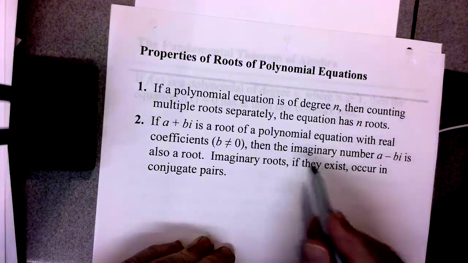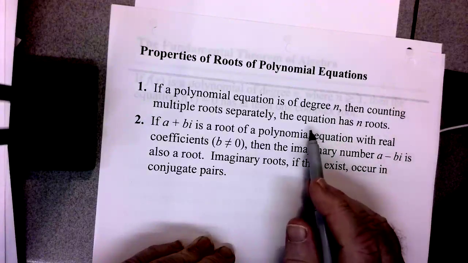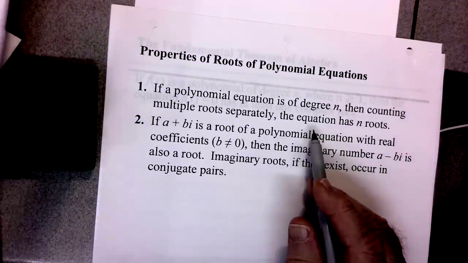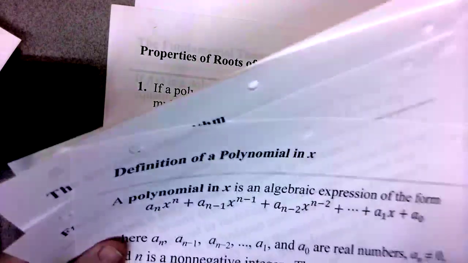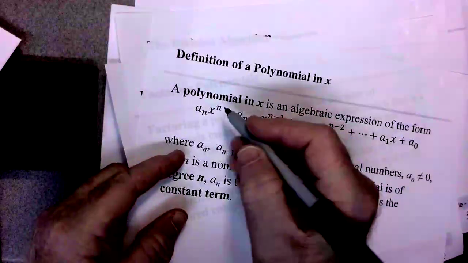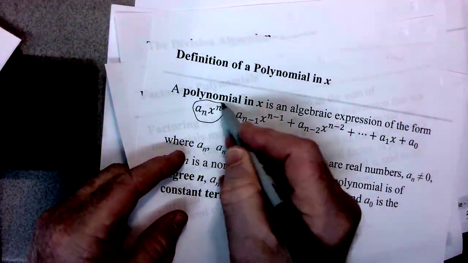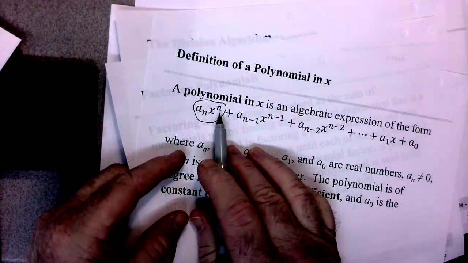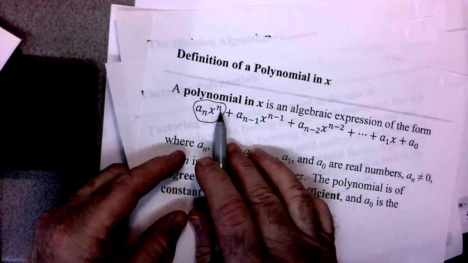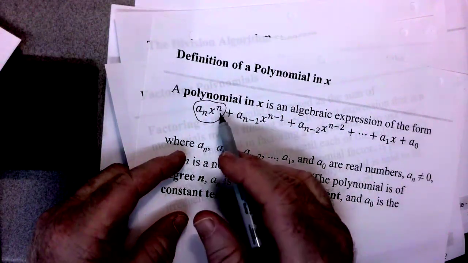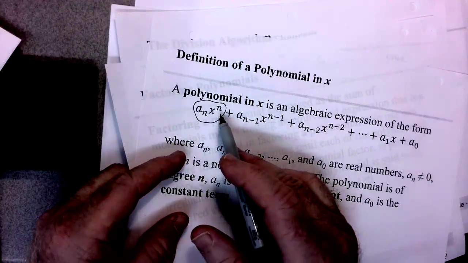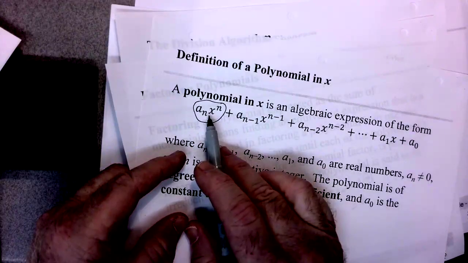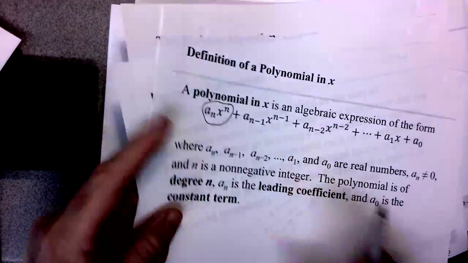But for example, a third degree polynomial, meaning the largest exponent value is a 3, then that polynomial will have 3. So remember, we said that the leading term here is where we find the largest exponent. These exponents are in declining order. So if this exponent is a 3, then we know that when we look for the factors to express the polynomial in factored form, we should be able to find 3 factors.